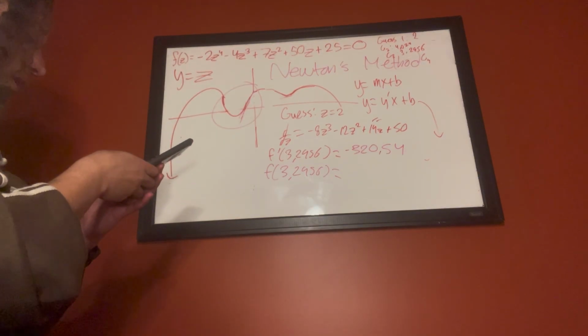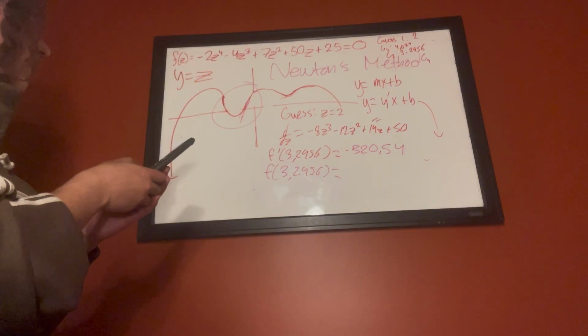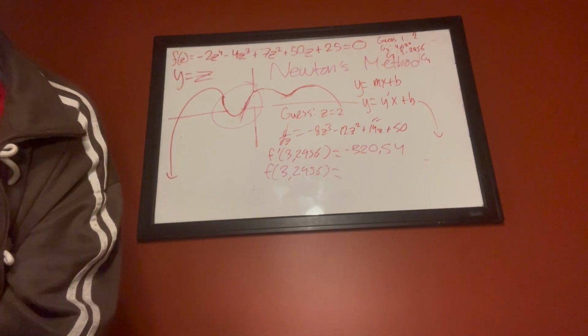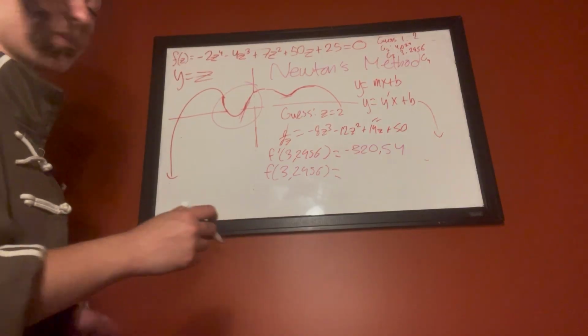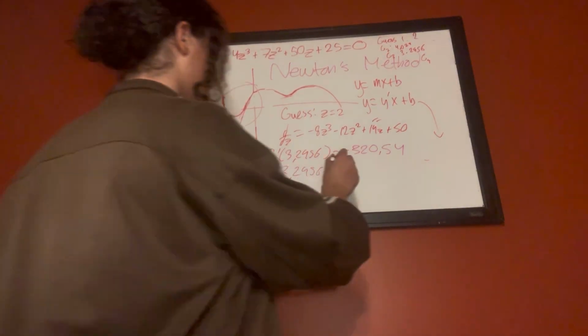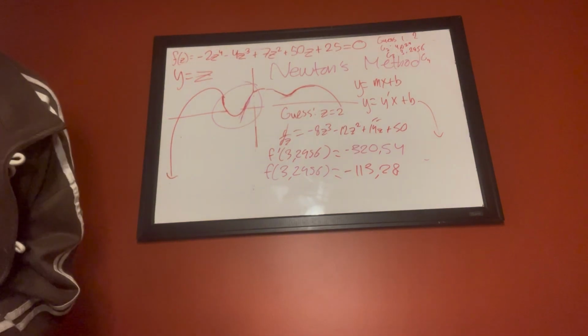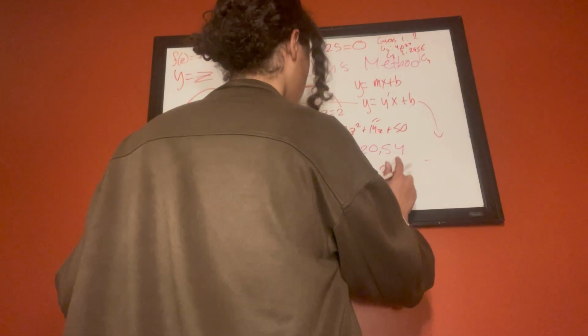Plus 50 times 3.2956 plus 25. I have f is minus 113.28, or 29 we'll say.